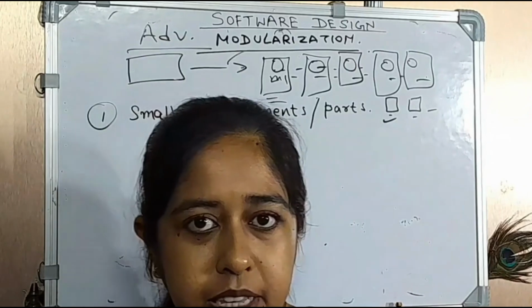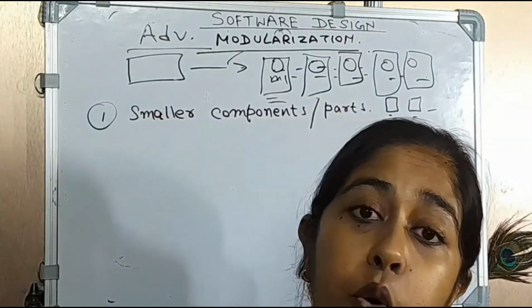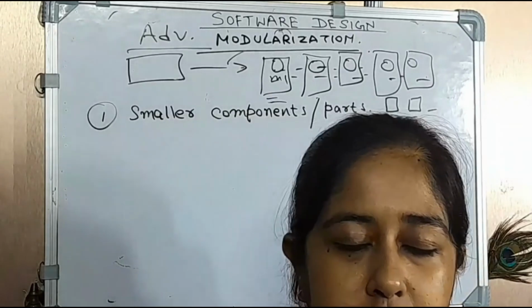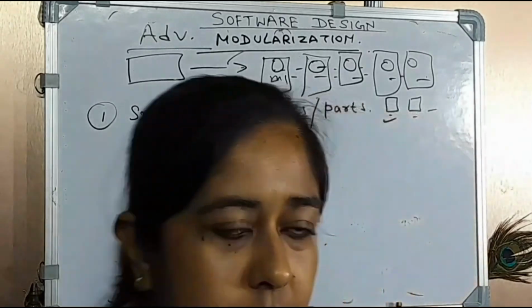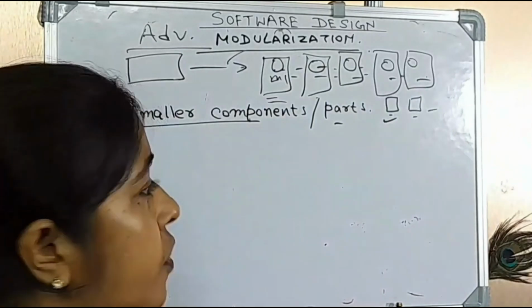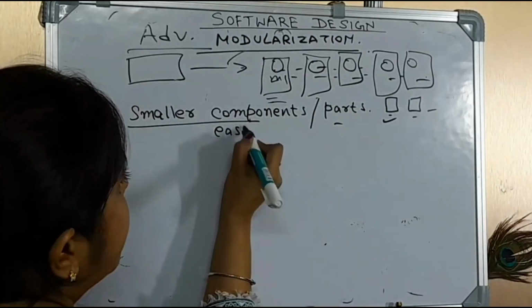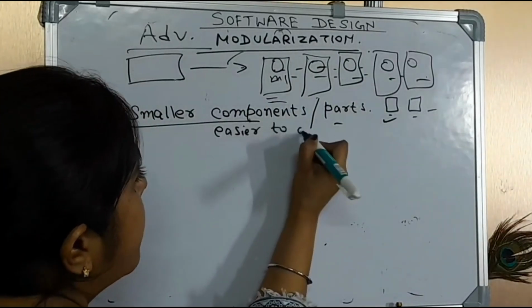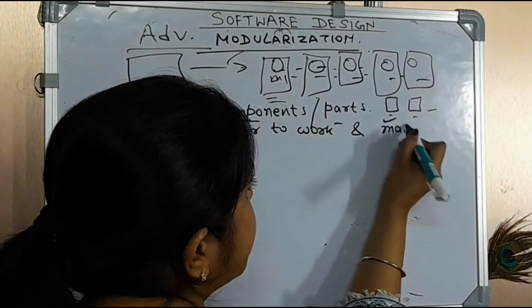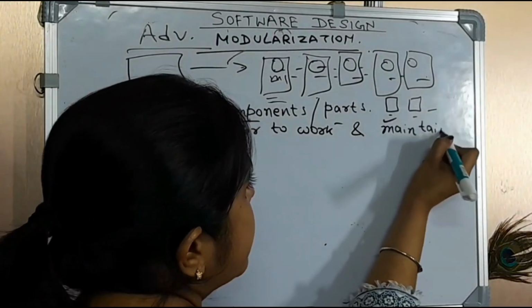If some error or failure comes, the whole system is never affected when you work with modularization. So smaller components and smaller parts are easier to work with and maintain.